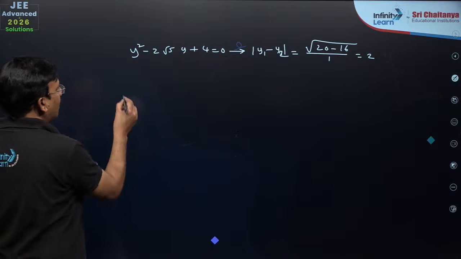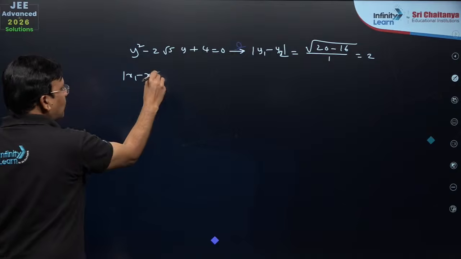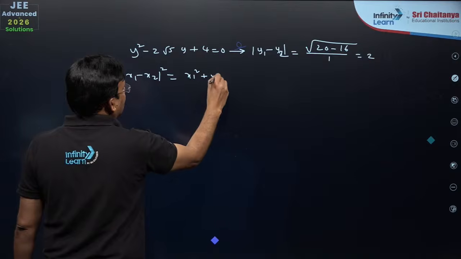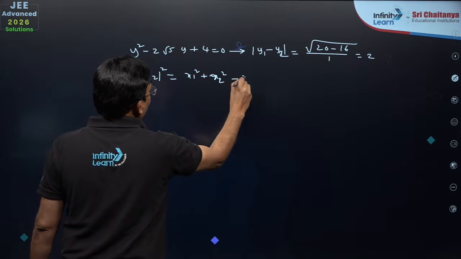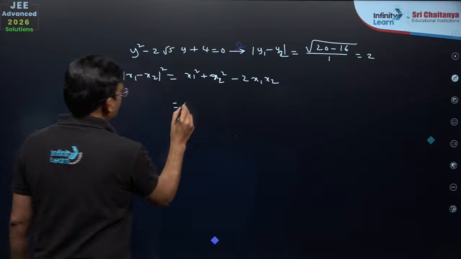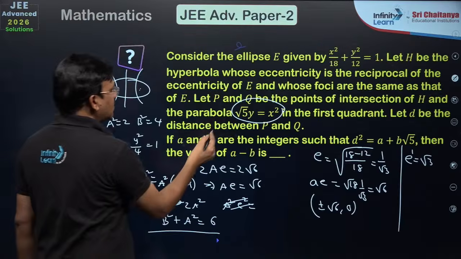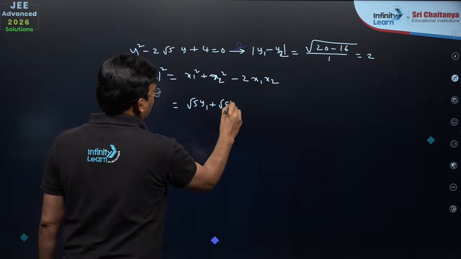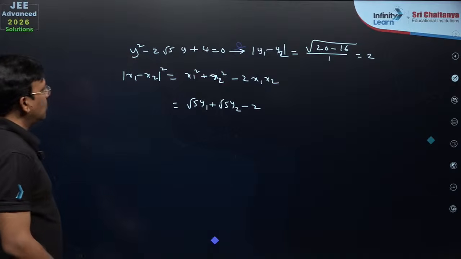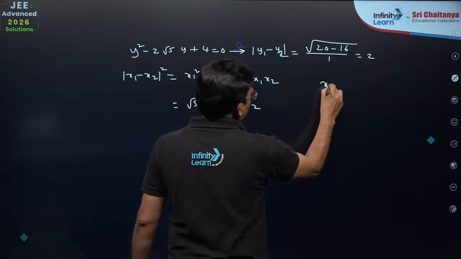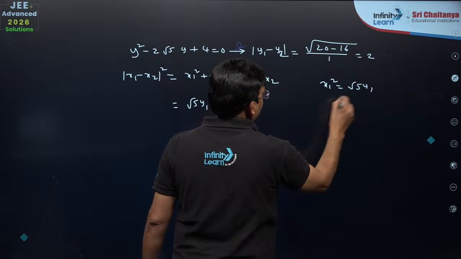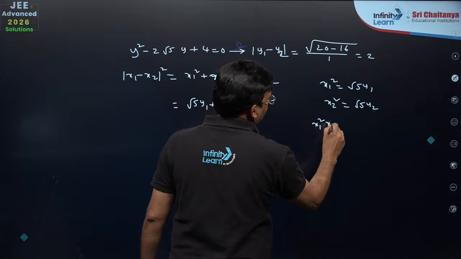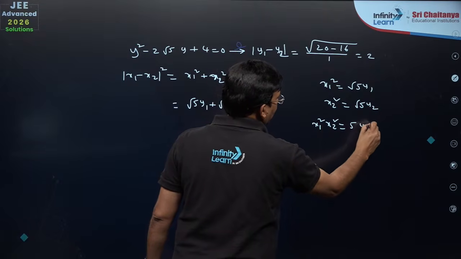Similarly, if you want mod x1 minus x2, because you want the distance between them, you will get x1 square plus x2 square minus 2x1 x2. In fact, x1 square is root 5 y1 and x2 square is root 5 y2, so root 5 y1 plus root 5 y2 minus 2 into, x1 square x2 square is equal to 5 y1 y2.